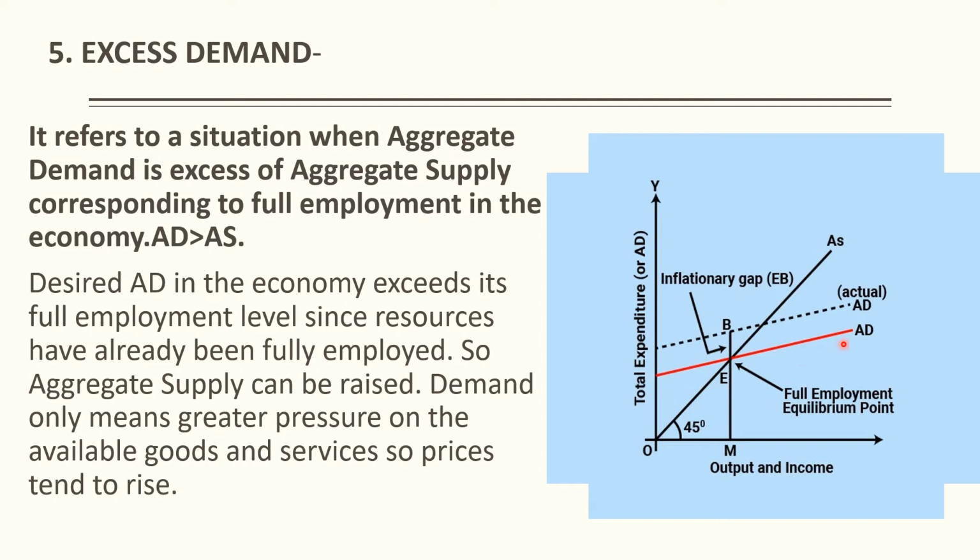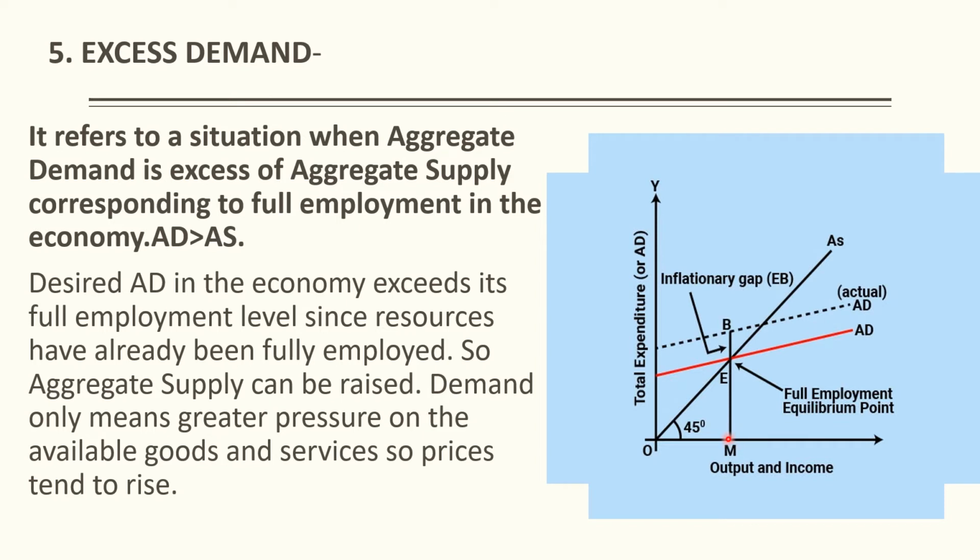The aggregate demand curve denoted by the red line is the one that we desire, that intersects with aggregate supply at full employment of all resources, maybe labor, for example. But the actual aggregate demand has gone way above the full employment level.